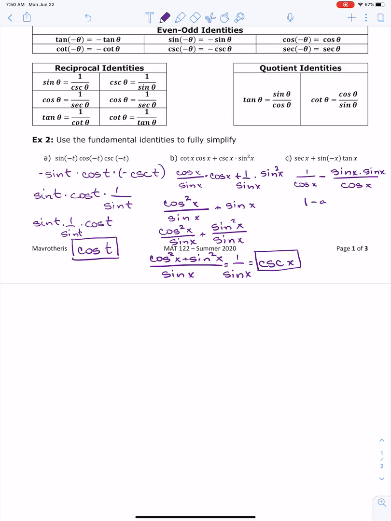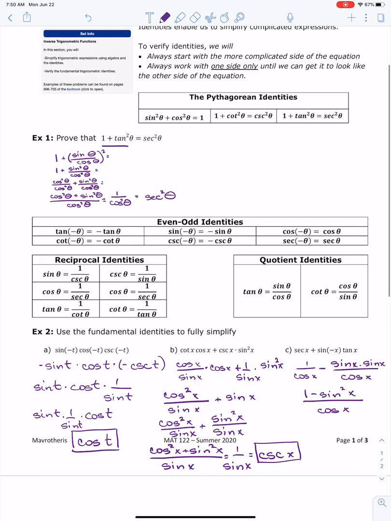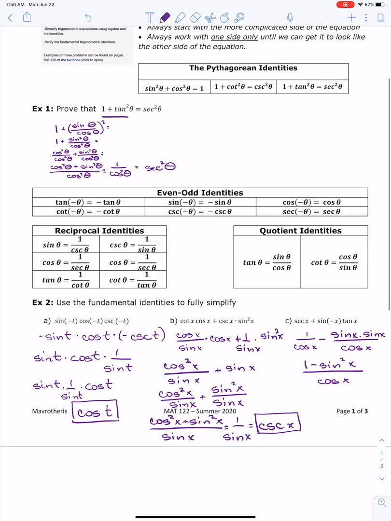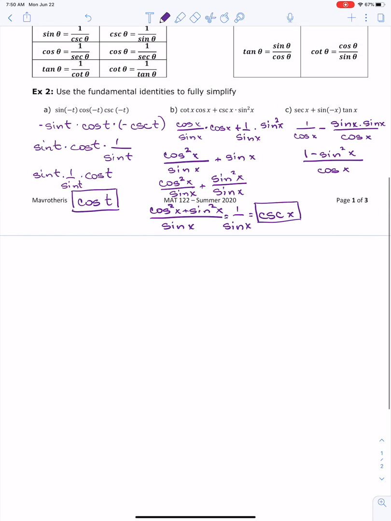I end up with 1 minus sine squared x over cosine x. 1 minus sine squared x, we can take a look at our Pythagorean identity up here. If sine squared theta plus cosine squared theta equals 1, I can subtract sine squared theta from both sides. And 1 minus sine squared theta is cosine squared theta. Now I can cancel those cosine x's, and I end up with the cosine of x.